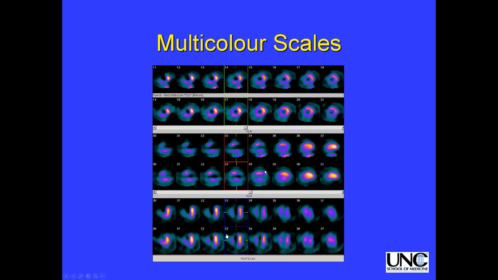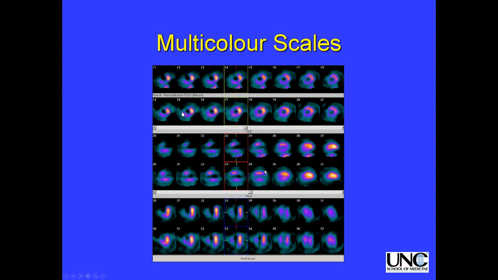So here is a scan where you may be able to appreciate a little bit of cavity dilation from rest to stress, but you're also seeing this very dense interseptal wall defect that is consistent with infarct.